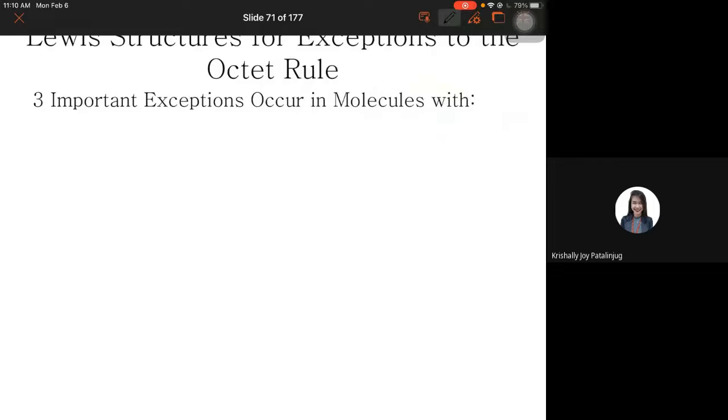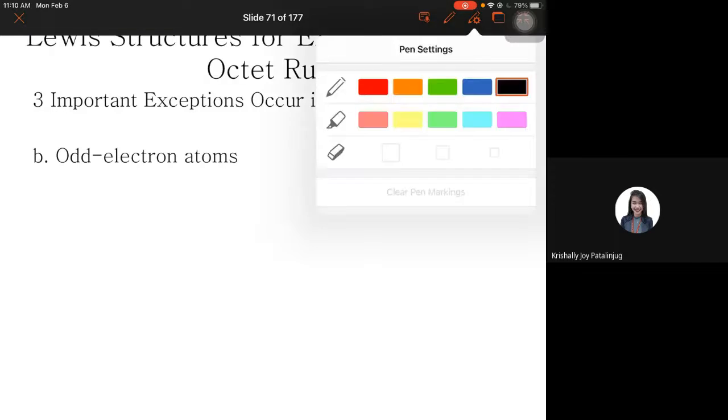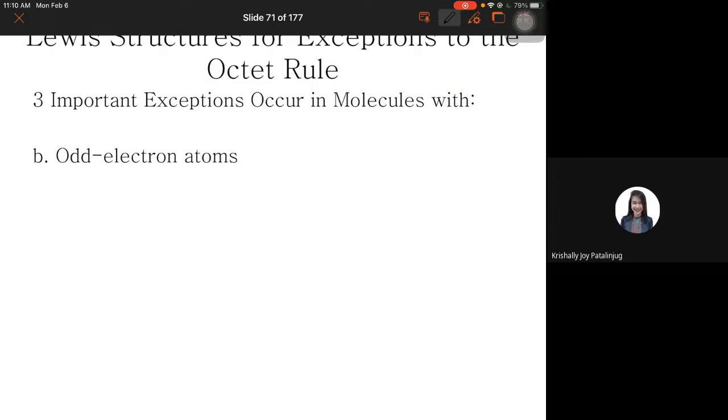Okay, now another exception occurs in molecules with an odd number of electrons. Odd electron atoms. By the way, when you say odd, I believe you already know this term, right? For example, 1, 3, 5, 7, 13, 17.